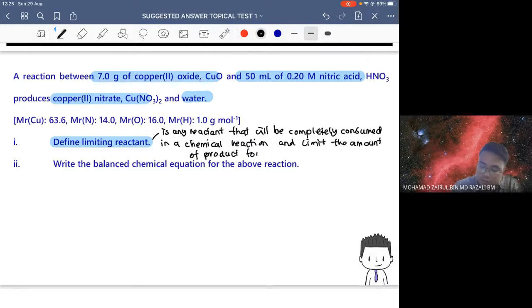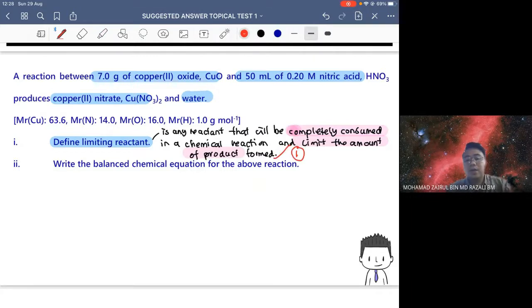Okay. So awak tulis dua-dua ni baru awak dapat satu markah. So dia punya keywords dia adalah completely consume and then limit the amount of the product. Itu adalah keyword dia. So awak ini awak akan dapat satu markah.